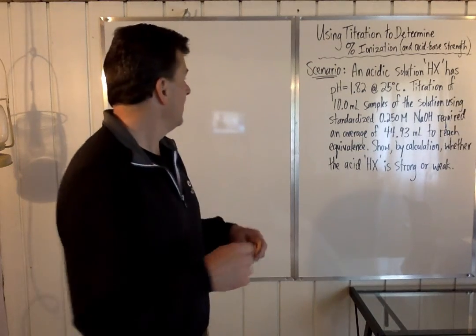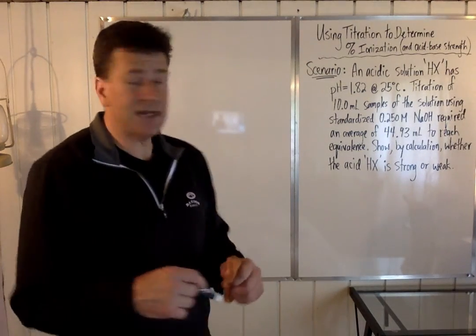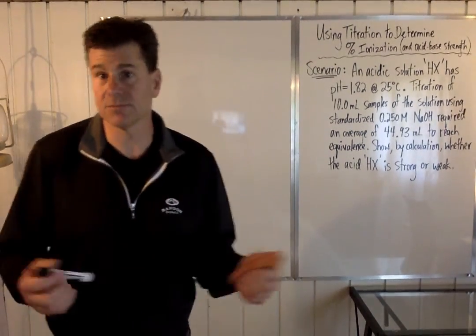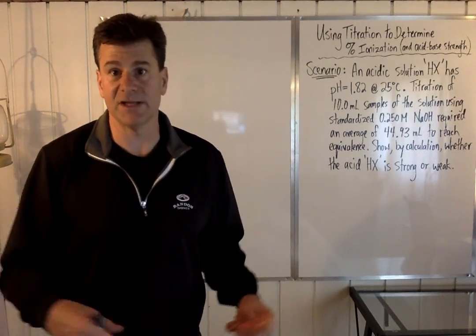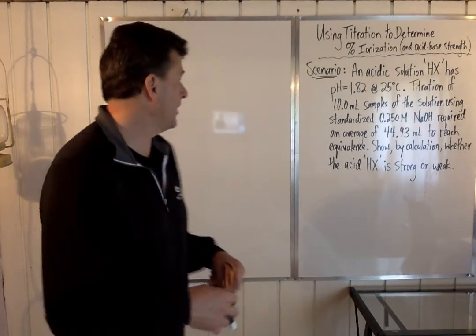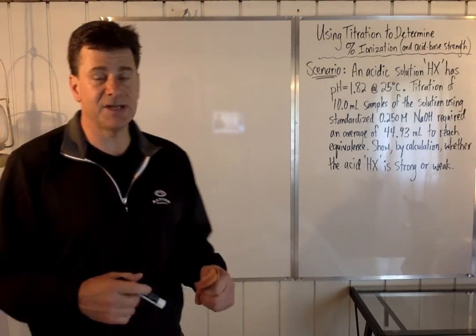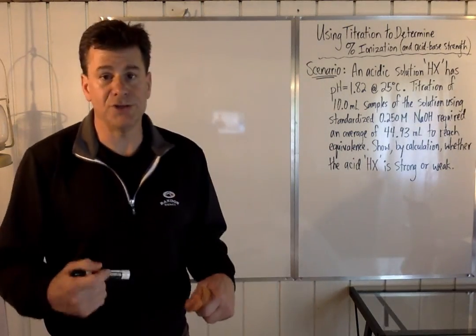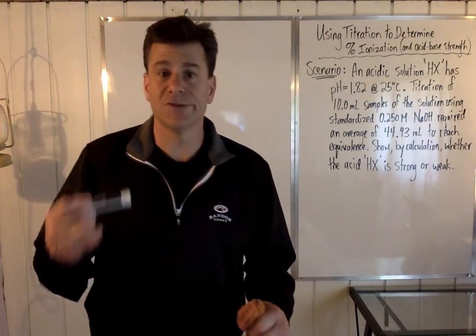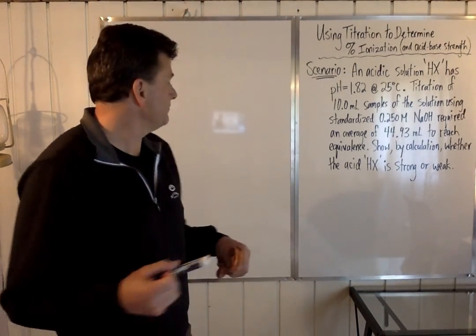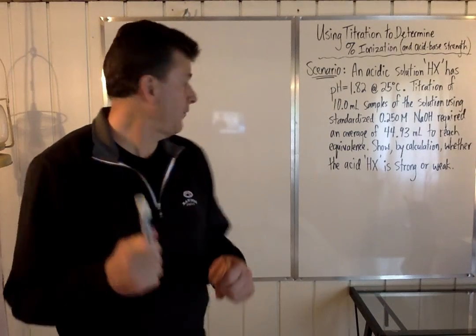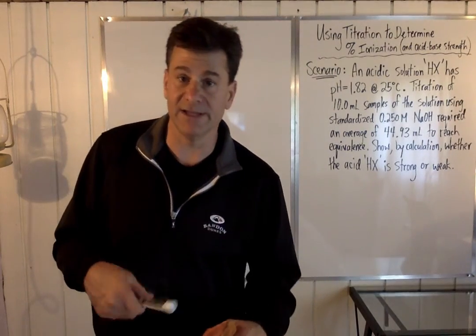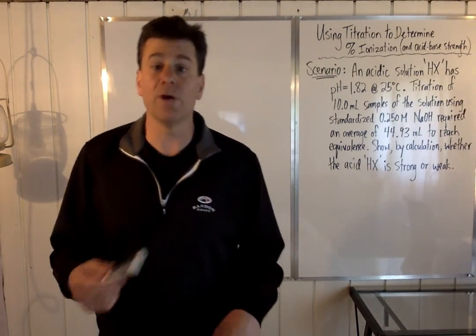pH of 1.82. Titration of 10 ml samples. Samples plural, so obviously multiple trials were done, of the solution using standardized, so known concentration, 0.250 molar sodium hydroxide, which required an average of 44.93 milliliters to reach the equivalence point.